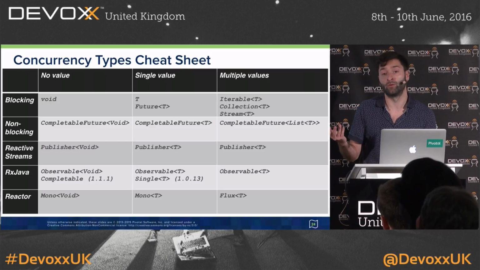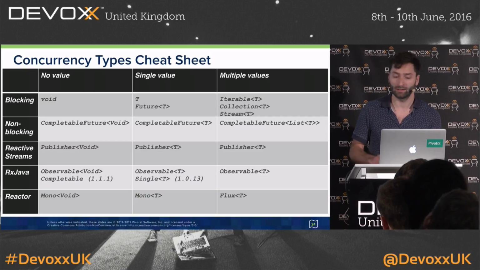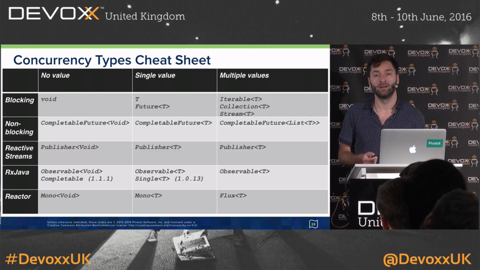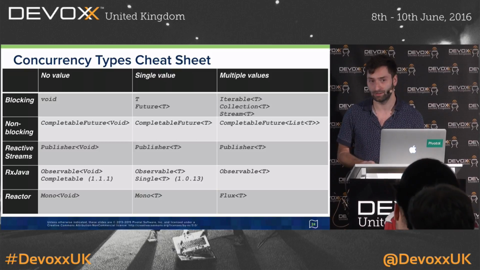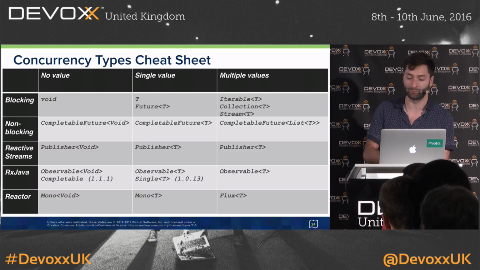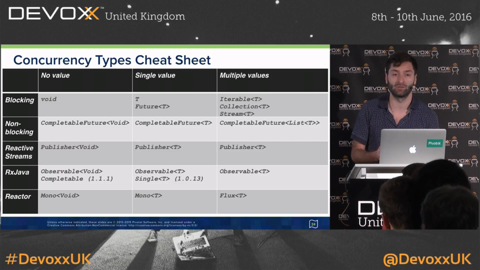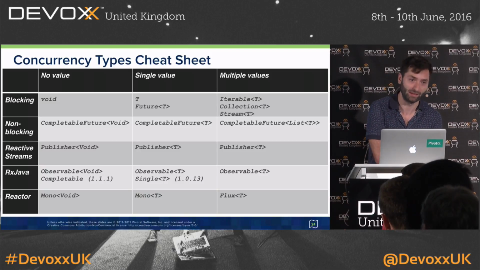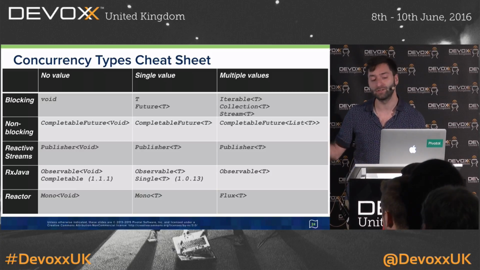For a single value, we of course return T, like the user earlier, but we also consider future as a blocking type, because it doesn't really solve the non-blocking problem. At some point, when you have a future, you have to get the value, and get is obviously blocking. So you don't want that. Future is a real problem, and they redid all of that with completable future. It's basically the right future it should have been since the beginning, probably. But anyway, future.get is not the one you want to use if you want to do non-blocking code.